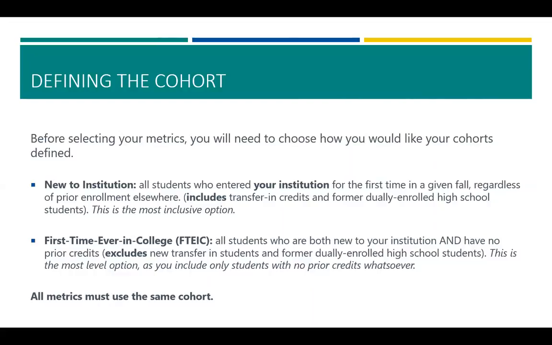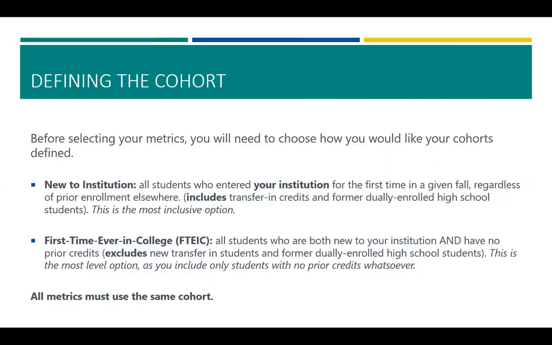The other option is to select first-time-ever-in-college students, which is the most level option, because in that case, you're looking only at students who are both new to your institution and have no prior credits at all. They're not transferring anything in from other enrollments at other institutions, and they are not coming in with any sort of dual enrollment.